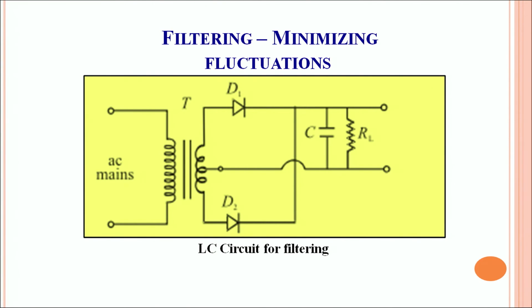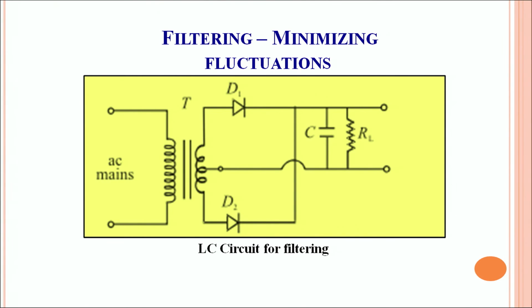So, in this case, what is happening is that when the output comes across D1 or D2, the capacitor during the first half of the positive cycle charges, and when the current starts lowering, the capacitor starts discharging and thereby enhancing the value of the current across the load resistance.